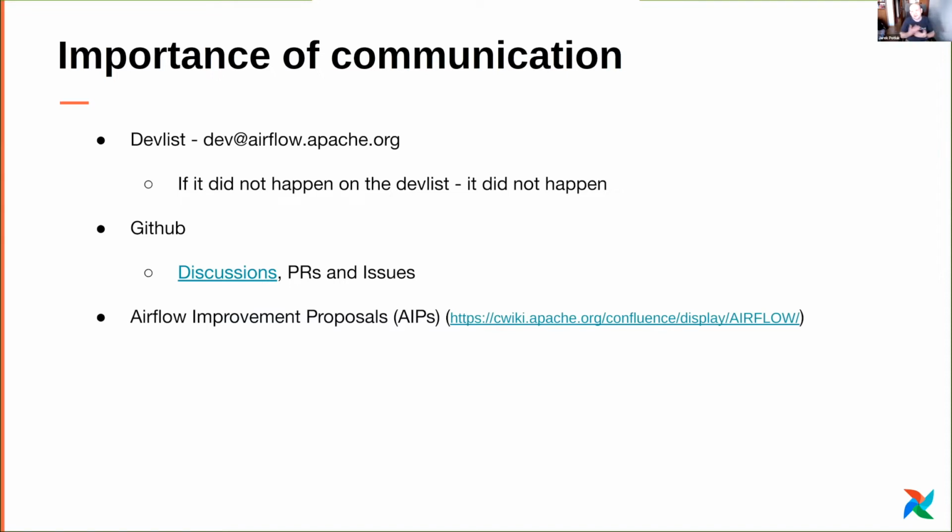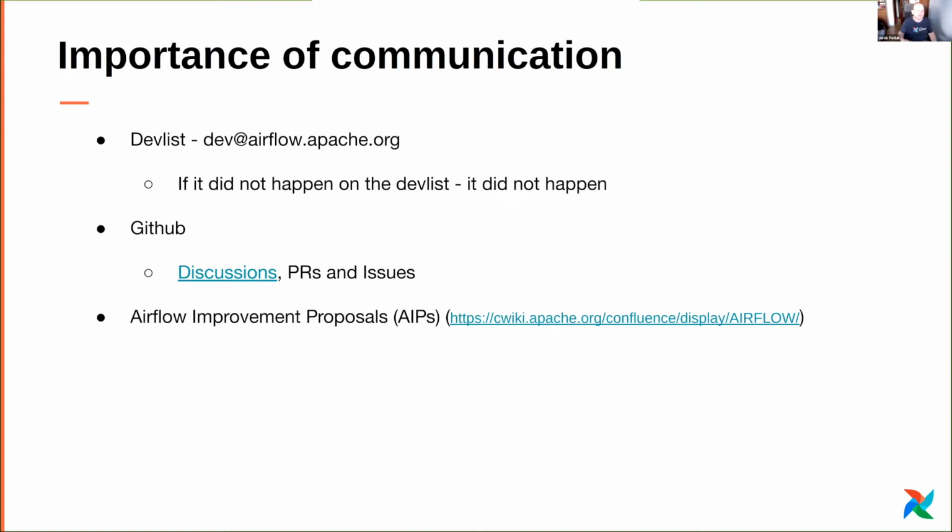Finally, when you have something really huge to implement and you discussed it and agreed that this is a good idea, then you write an Airflow Improvement Proposal. There, a lot of the communication is writing down what you want to implement and how, and discussing all the details of why this is good, what the alternatives are, what the objective is, and what you don't want to achieve by implementing it.